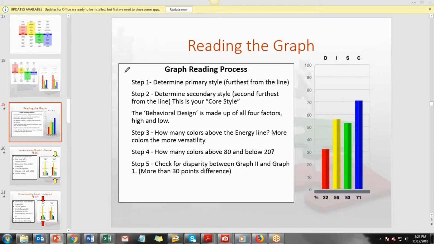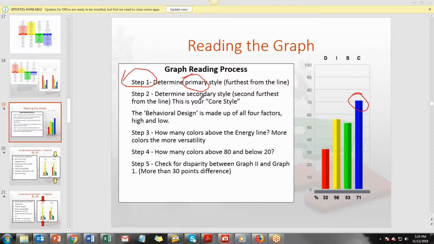The first step is to determine the primary style on the graph. The primary style is going to be the tallest line, and in this case it's the color C, compliance. So step 1, determine the primary style.